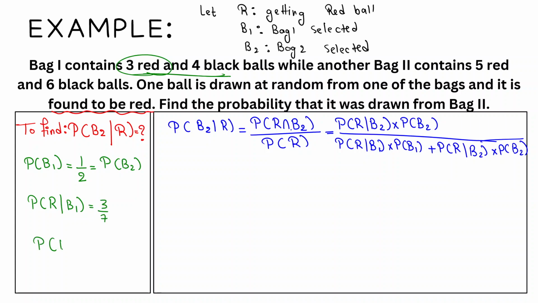Similarly, probability of getting a red ball given it is from bag 2. Bag 2 has 5 red out of a total of 5 plus 6, 11. So it is going to be 5 by 11.